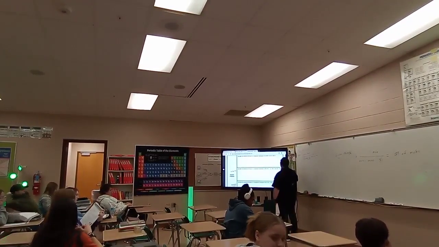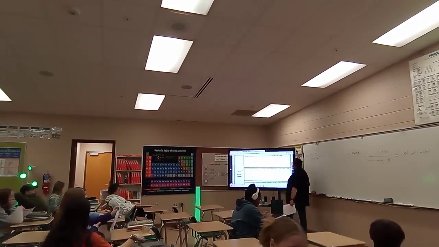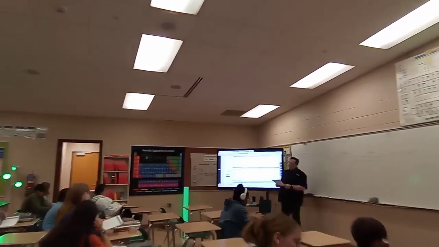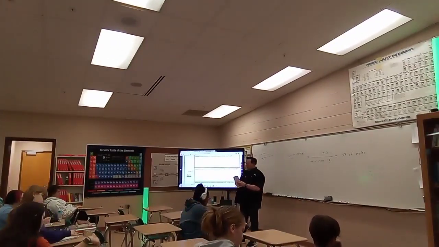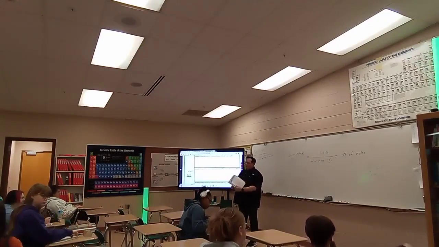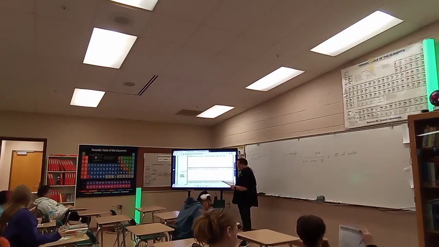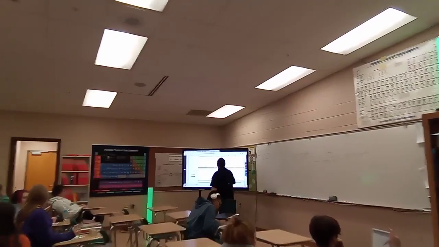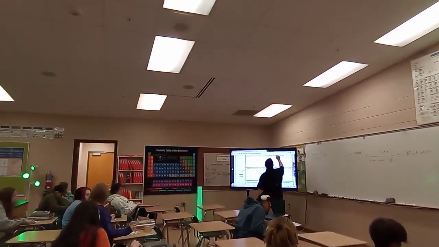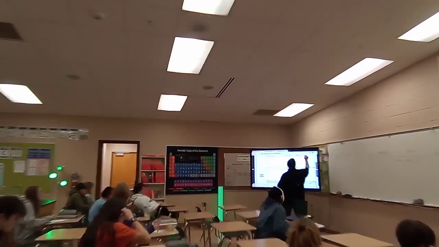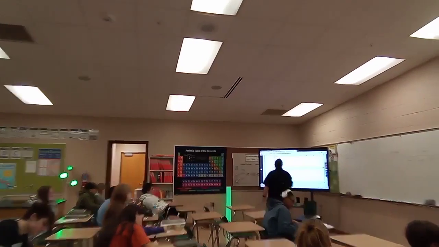So here's one where you're given percents. So again, percents on here are really, really easy. All you need to do is change this from percent to grams. So I'm going to do this.